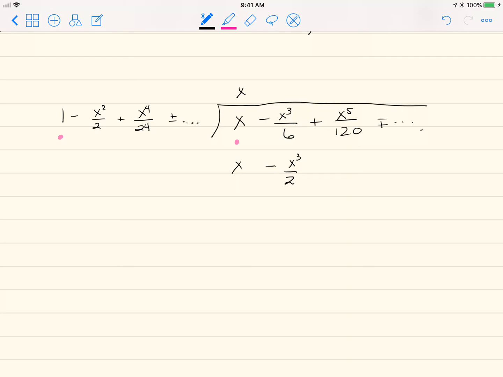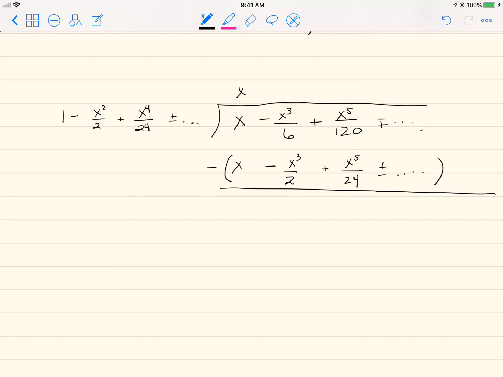X times x to the 4th over 24 is going to give me plus x to the 5th over 24. Now I subtract all of this, and in reality I should be saying plus minus dot dot dot. Now x minus x gives me 0, that's what I wanted.